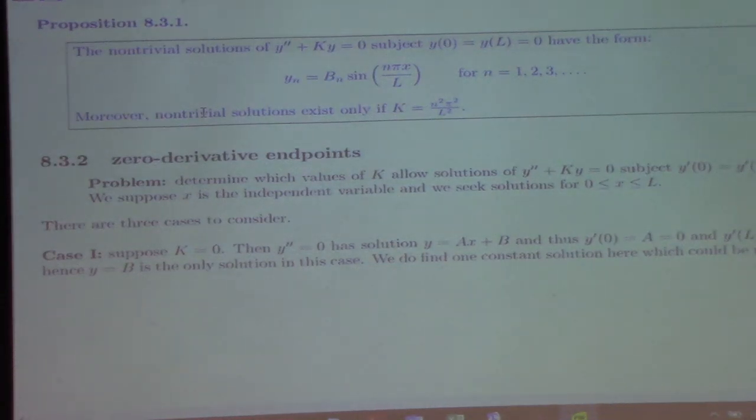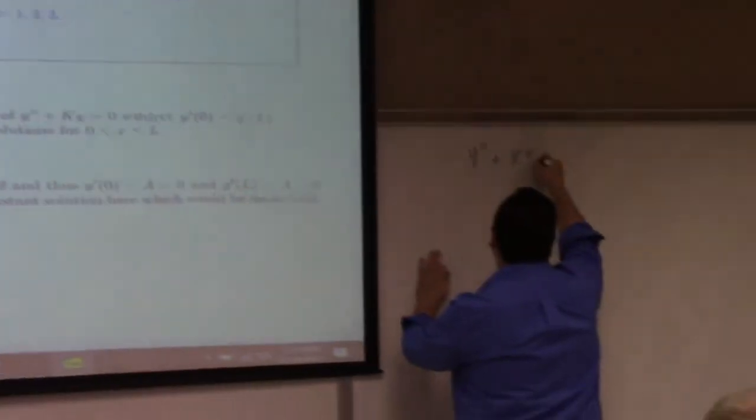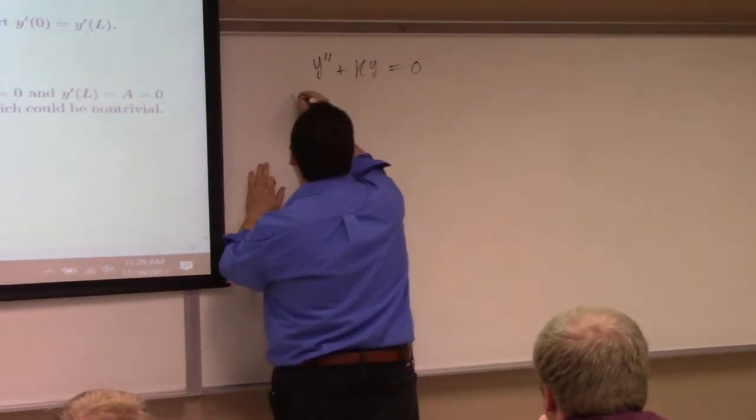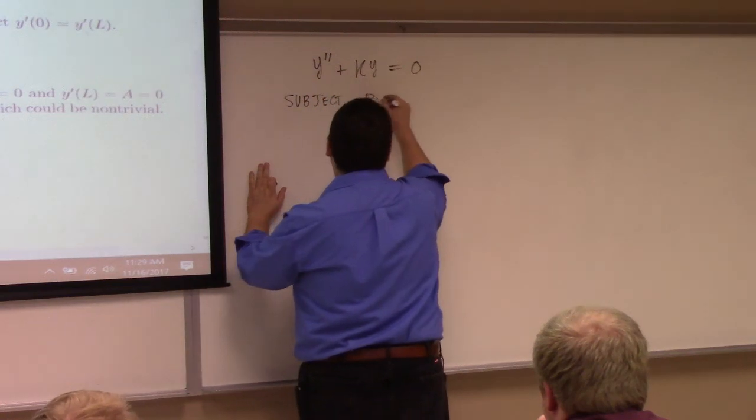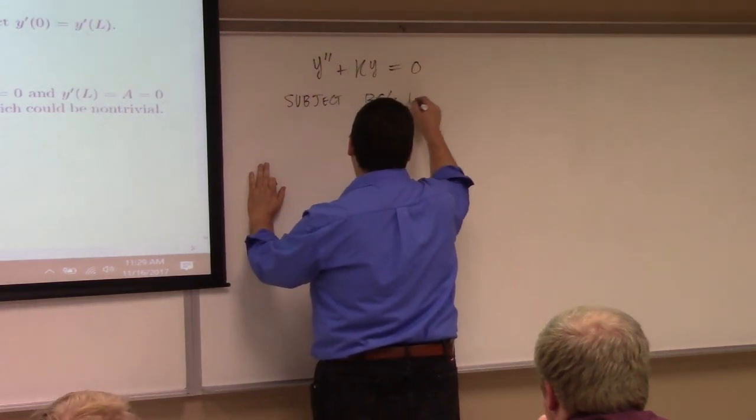So I'm studying, of course this is marker, y prime prime plus ky equals 0, subject to the boundary conditions below.